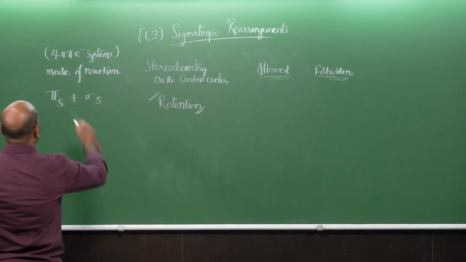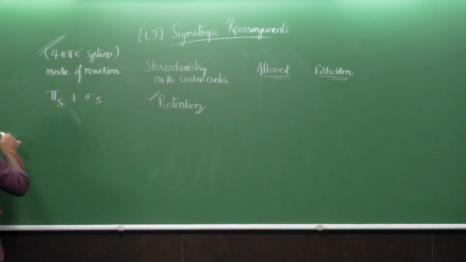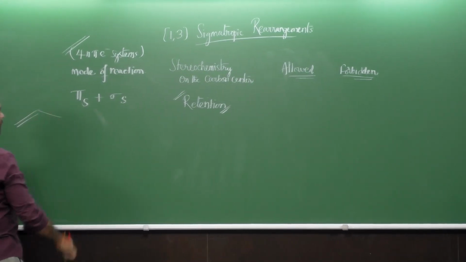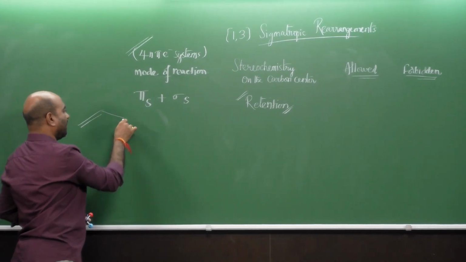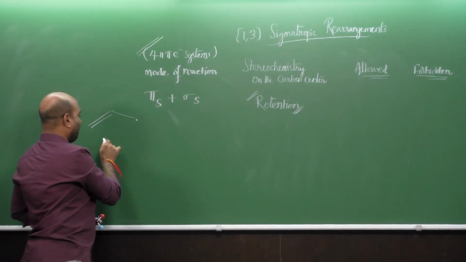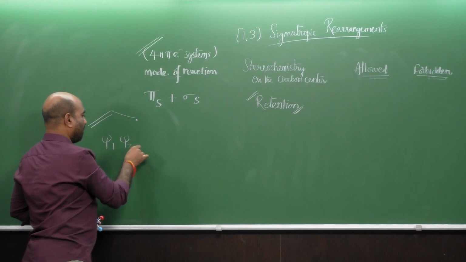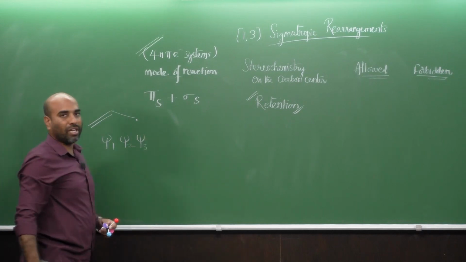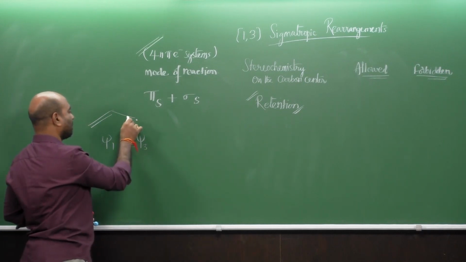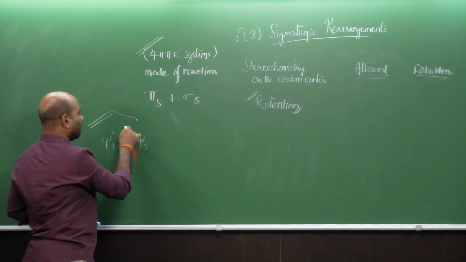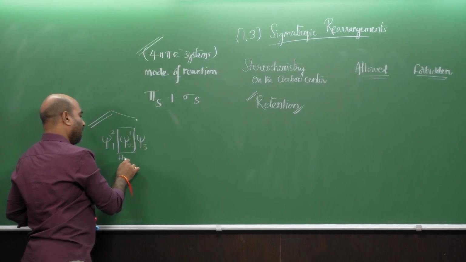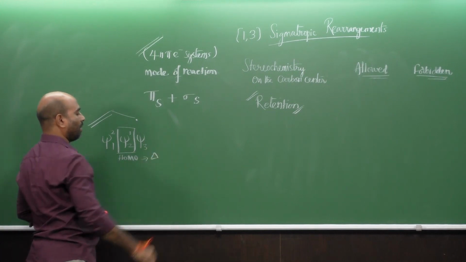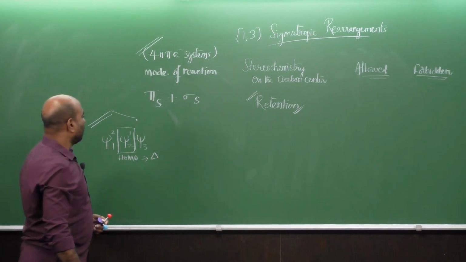So this is a 4n electron system and you are talking about the allylic system, right. You have seen already the pi molecular orbitals psi1, psi2 and psi3. Three pi molecular orbitals will be there for this system, and the HOMO under thermal conditions is psi2. How does it look?